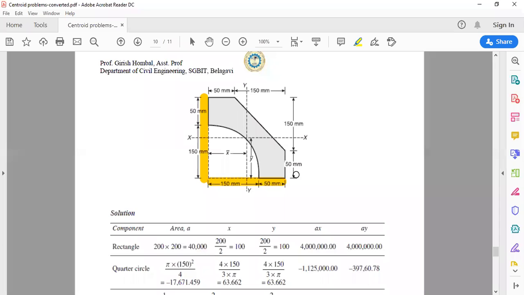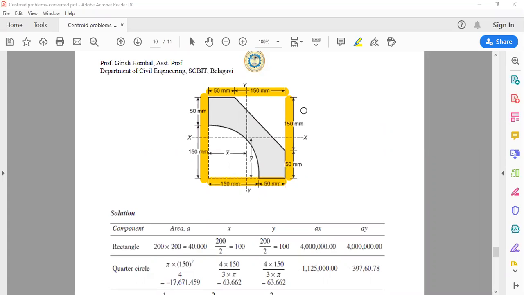So if I have to take the borders, yes, now it is easier for me to solve. Now, in this, I'm supposed to find out the CG of only the shaded part.